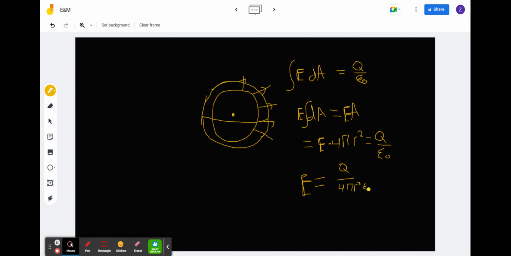And then if you recall, 4 pi epsilon naught is just k, Coulomb's constant. So we get kQ by r squared, which is exactly the same formula for a point particle centered at r. Thus, given a conducting sphere, it has the same electric field as just one point charge with that same charge at the center of that sphere.